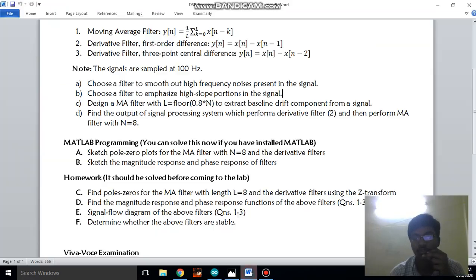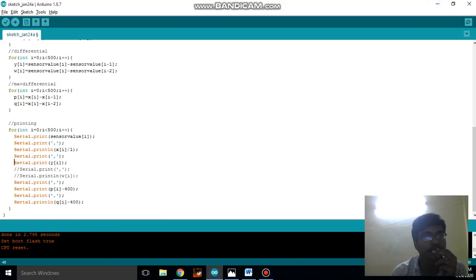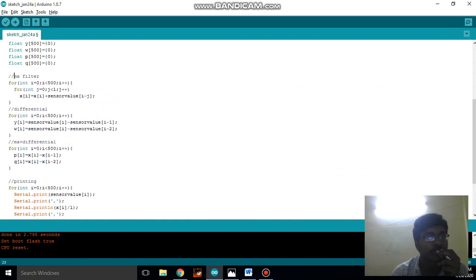Our fourth task was to find the output of a signal processing system which performs a derivative filter and then an MA filter. For this one, before the derivative filter, we are initially processing the signal through the MA filter, and then processing its output through the differential filter.